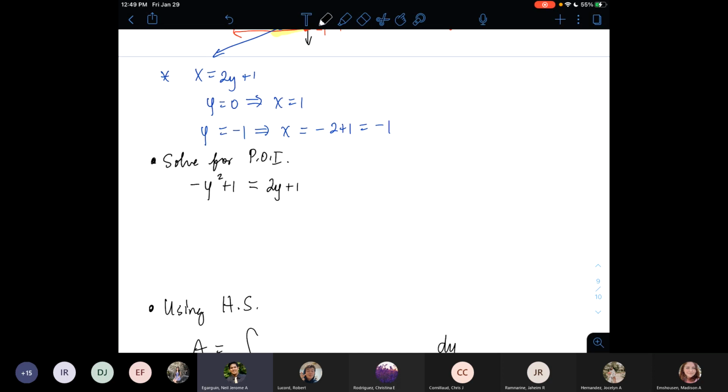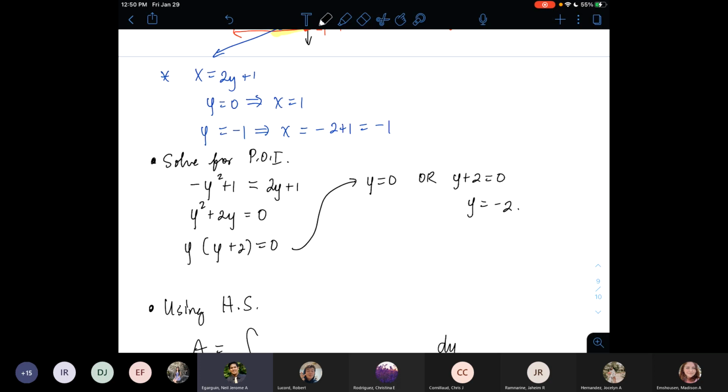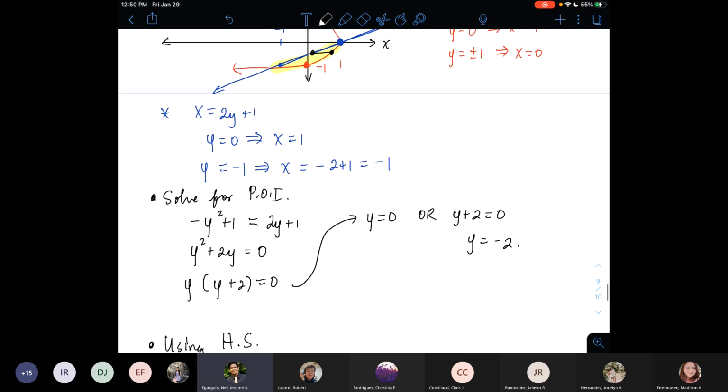I'll collect them all to one side, so I'll have y² plus 2y equals 0, and then factor out y. This means y equals 0 or y plus 2 equals 0, signaling y equals -2. So my hunch is correct that it won't start at -1. It will actually start where y is equal to -2.